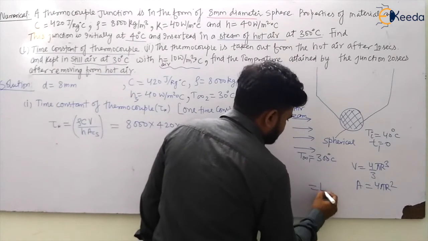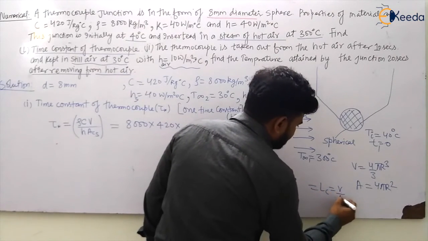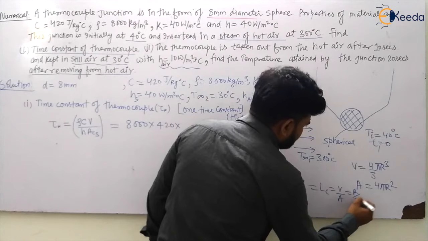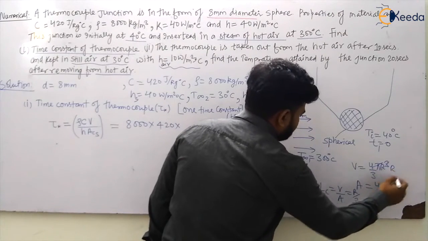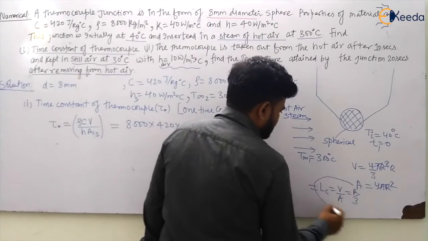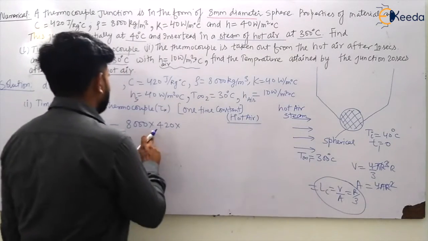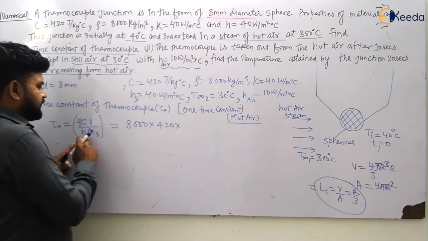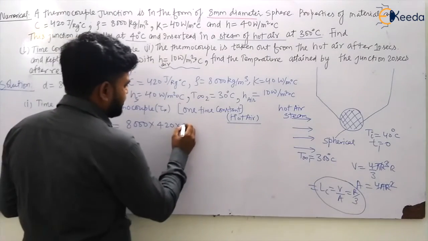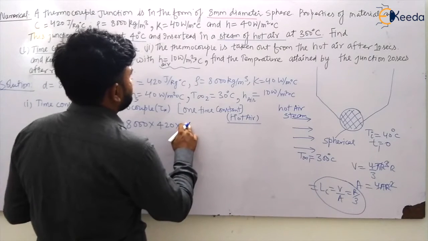So my dear students, the characteristic length will be V by A, which will be R by 3, because 4 pi will cancel, and of R square and R cube, one R will remain. So I can directly put R by 3 here. What will be the radius of this 8 millimeter sphere?